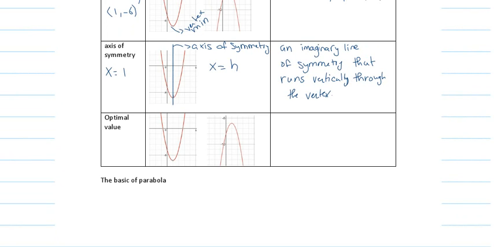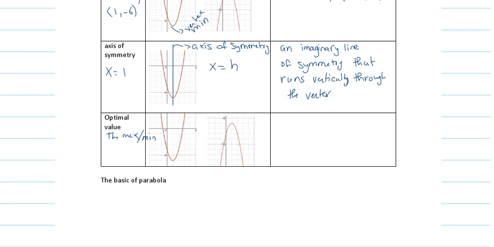So you can't go beyond that, okay? It's either the maximum in this case or the minimum in the case of a quadratic, okay? So the optimal value means the maximum value or the min. It depends on your graph.